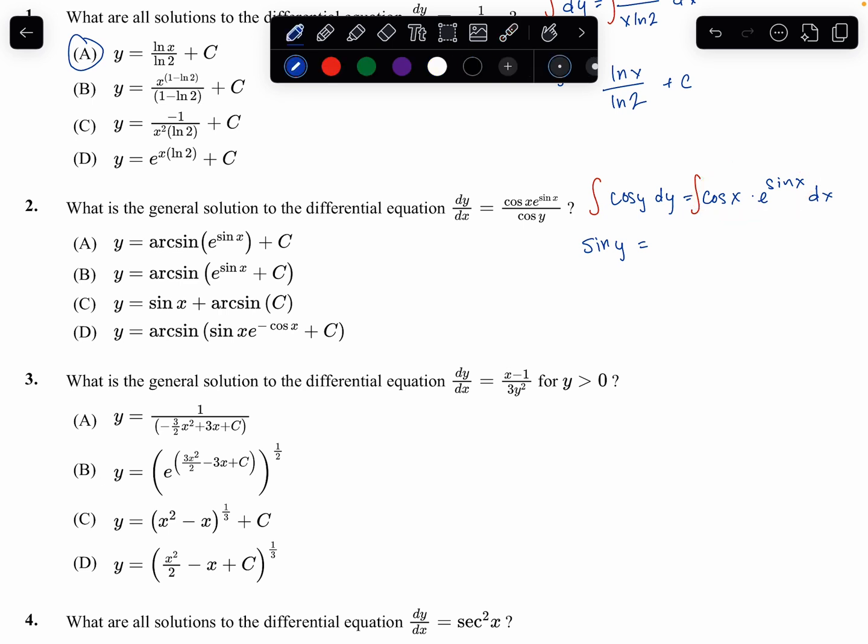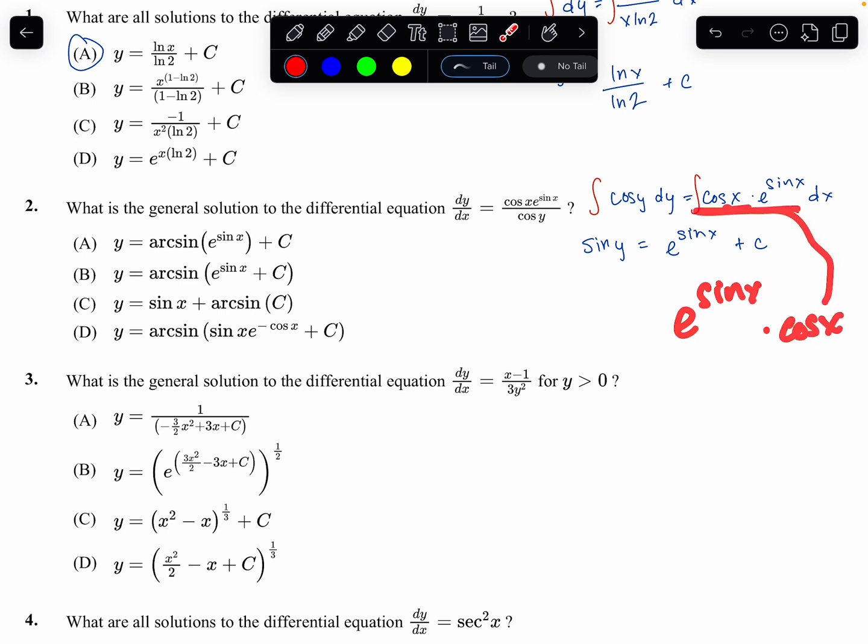But I don't actually have to use substitution. I can pretty clearly see that the antiderivative is e to the sine x plus c. If I take the derivative of e to the sine x, that's going to be e to the sine x, but then through the chain rule, you'd also have to multiply by the derivative of sine x, which is cosine of x, and that's what I have right here.